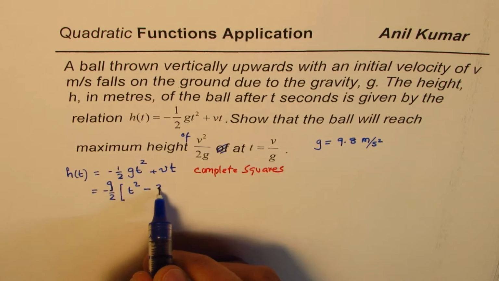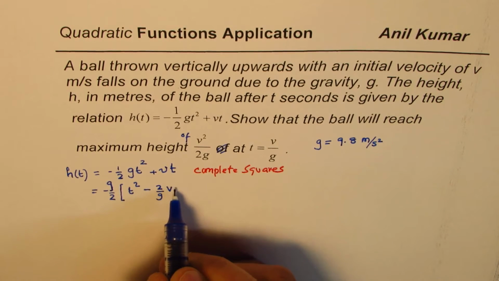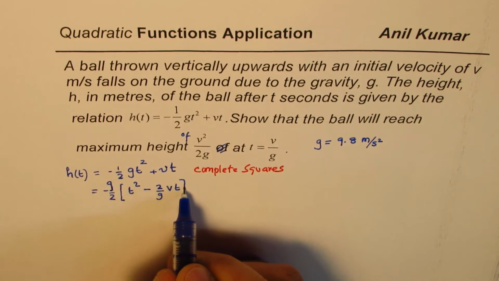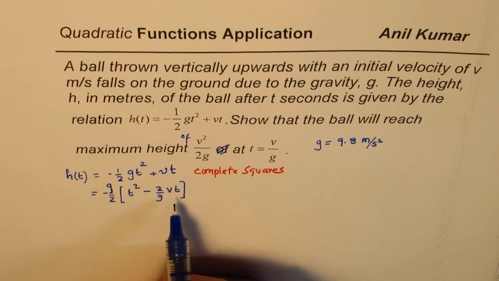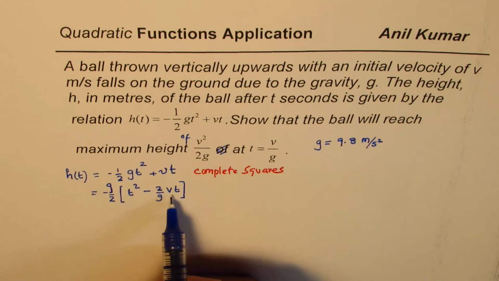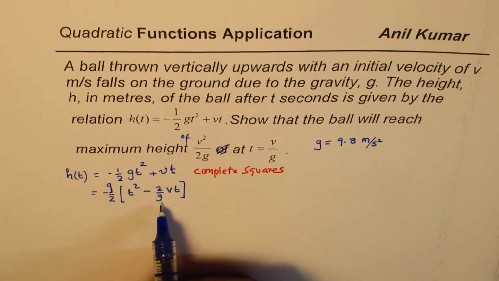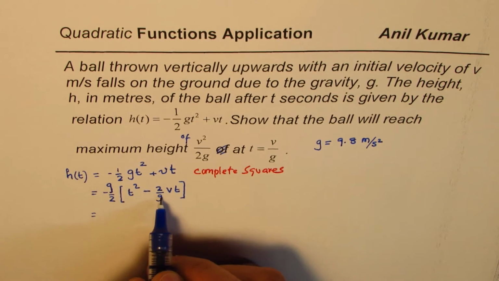So we get 2 over g v t. That is what you get. Now to complete the square, we have to take half of this term and square it, then add it and subtract it.